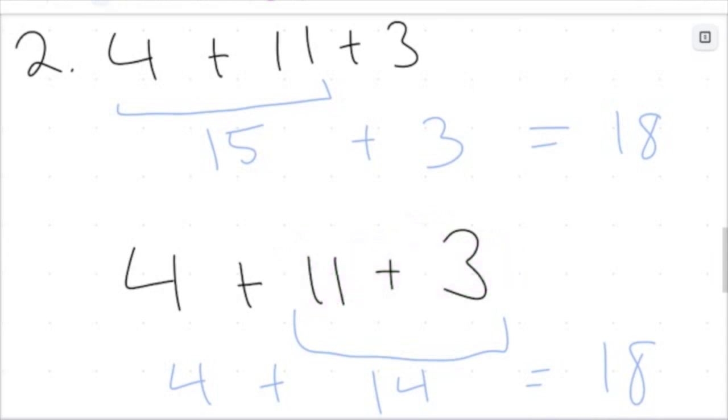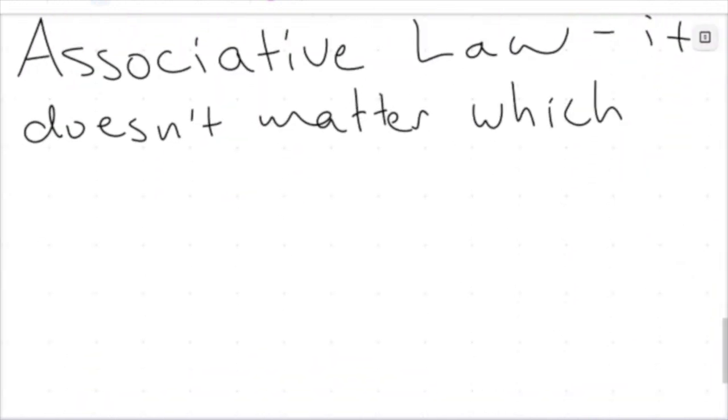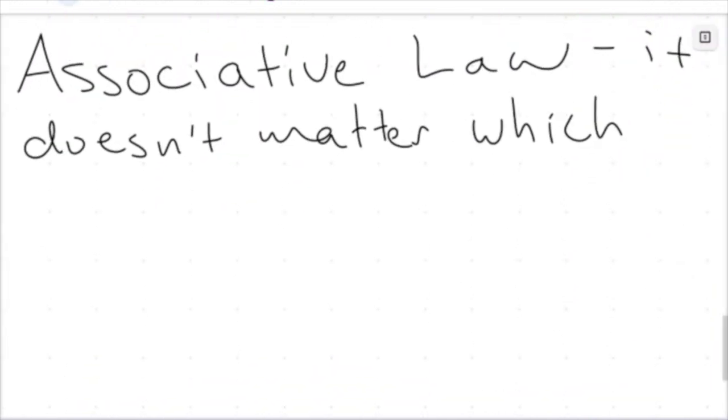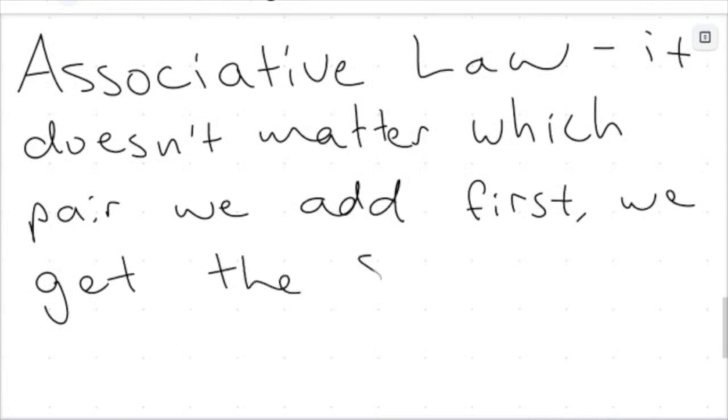So no matter which ones we did first, which pair we did first, we got the same answer. So the associative law tells us it doesn't matter which pair we add first, we get the same answer.